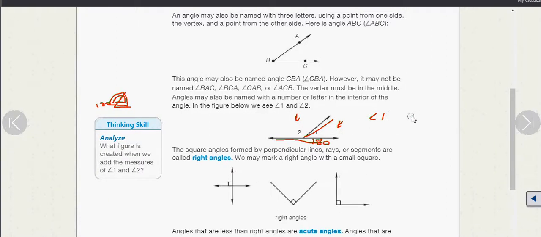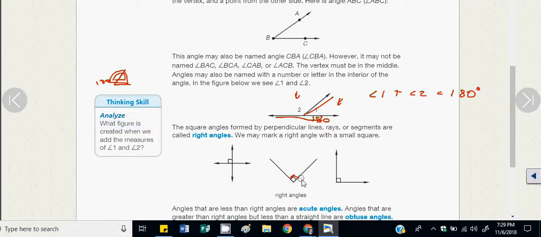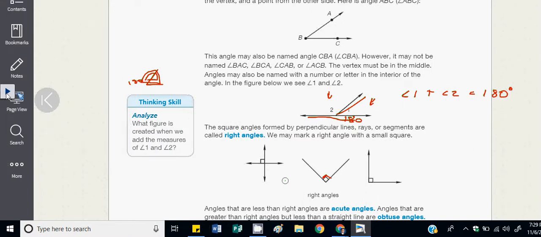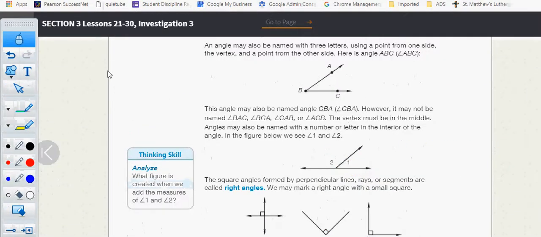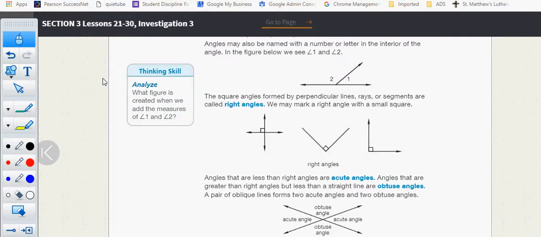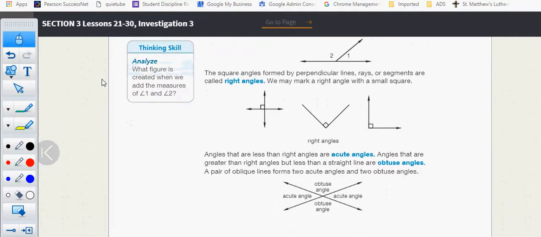Angle 1, angle 2 must equal 180. They must be supplementary, because we know that all of it ends up being 180 degrees. Show right angles with this little box here. Good so far? I hope. Acute and obtuse we talked about.